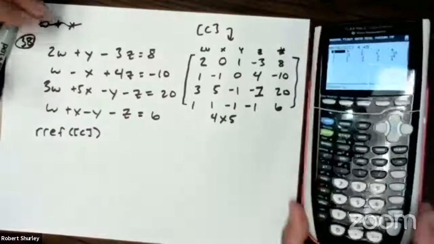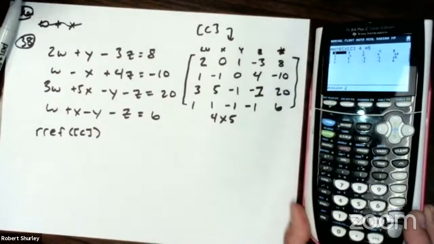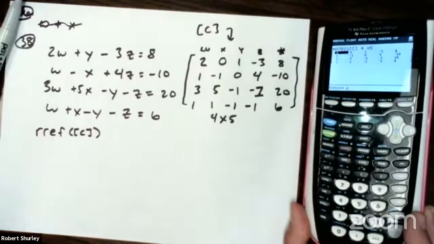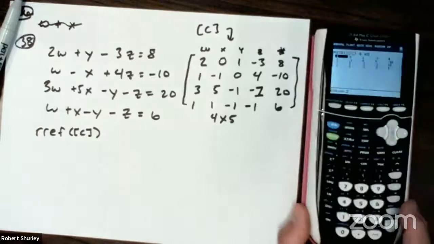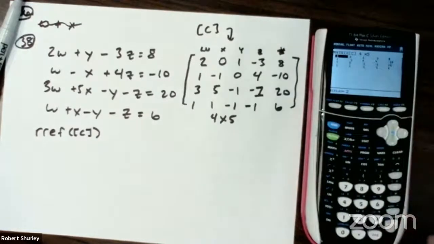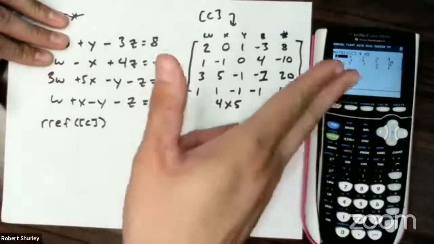That looks right. It's extremely important that we put these in correctly, so check it twice or 3 times if you have to. Now I'm going to do the reduced row echelon form with matrix C.